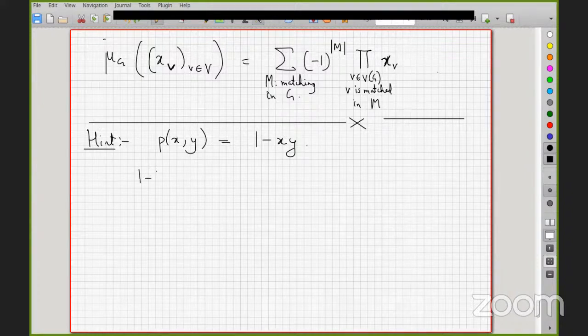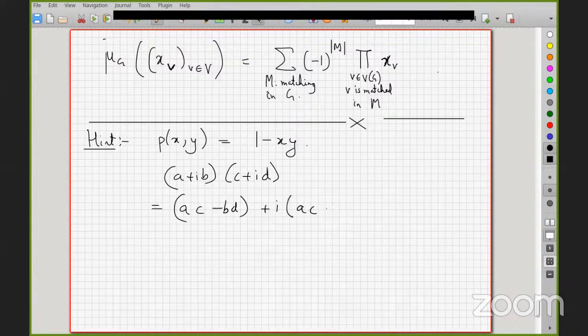If I take a plus ib, c plus id, this is ac minus bd plus i times something. Sorry, I'm just blanking out a little bit. Yeah, there's something much simpler.